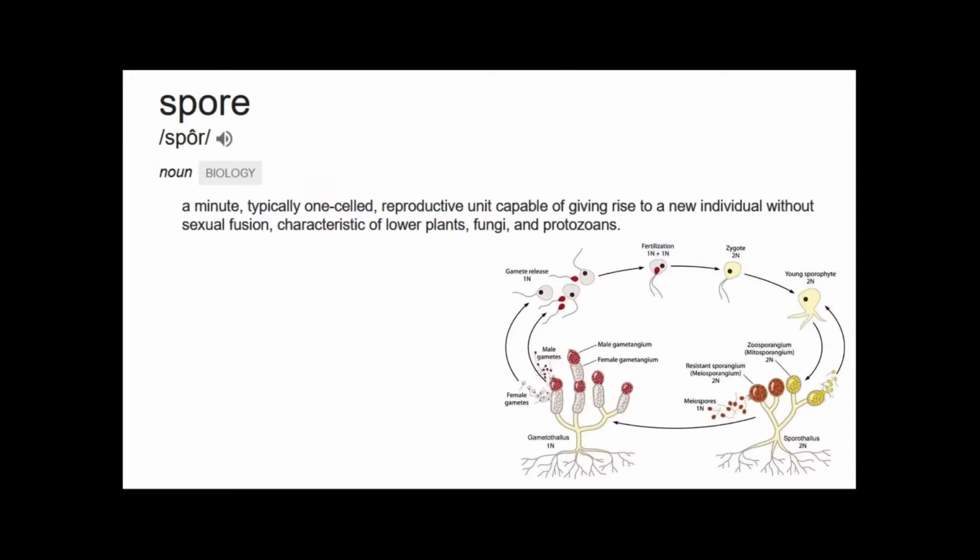Here's a pretty complicated life cycle, but it is very interesting once you understand the relationship between these haploid and diploid tissues. Let's start with the far right bottom organism, and that's a sporothallus, and that's 2N. This sporothallus is a structure for this organism that's composed of 2N tissue.